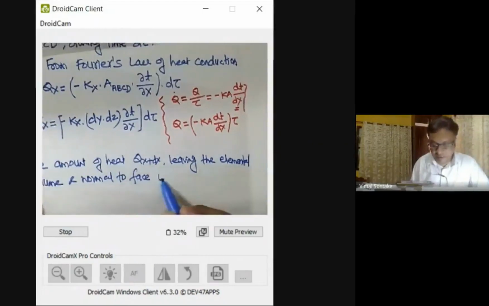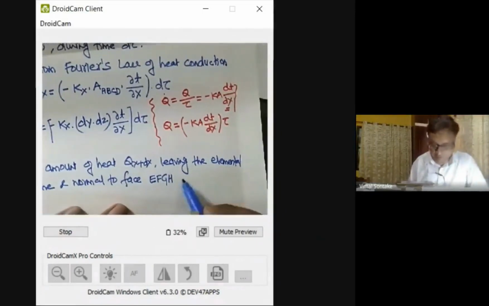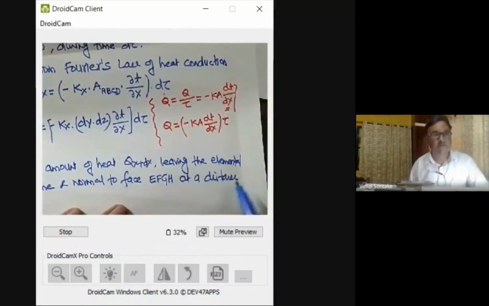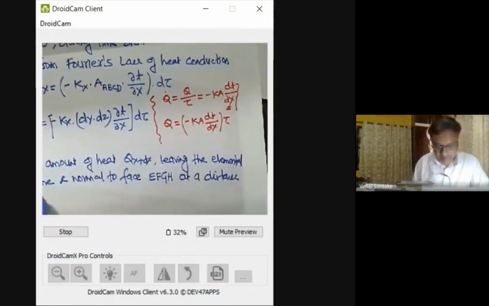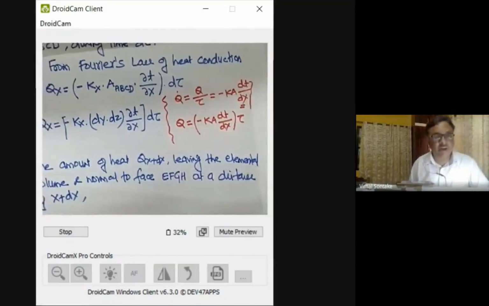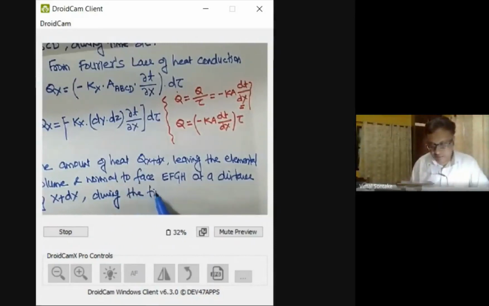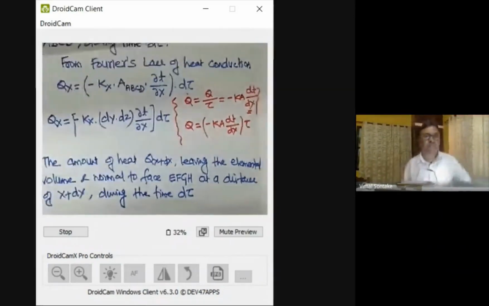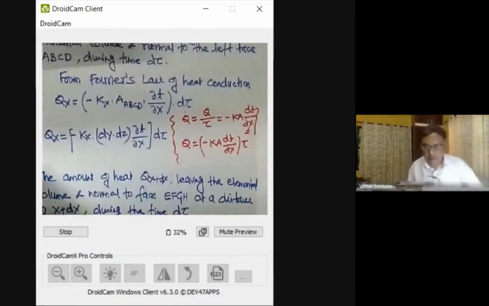What is that face? EFGH, at a distance of x plus dx. This amount of heat is leaving the right face, sorry, EFGH, during the time d tau.